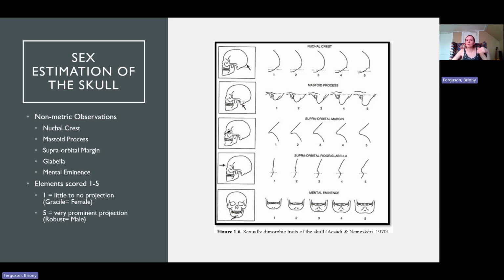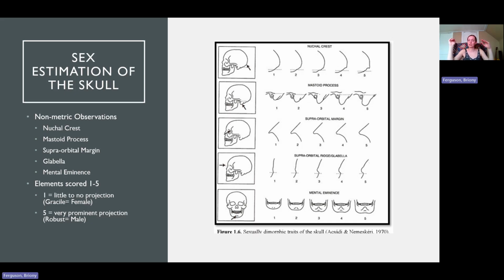And we're going to start with the nuchal crest. Now this is actually the very back of your head. There's going to be a little bump, maybe a little bit of an overhang. Maybe some people might even have one that's a little bit pointy. That is the nuchal crest. Now, the best way to judge the nuchal crest whenever you actually have the physical remains is to take something flat and kind of hold it up against that dotted line that you see in the photo.